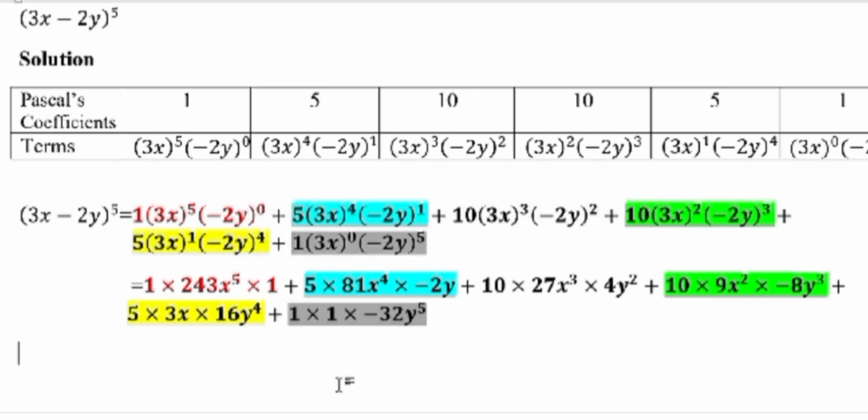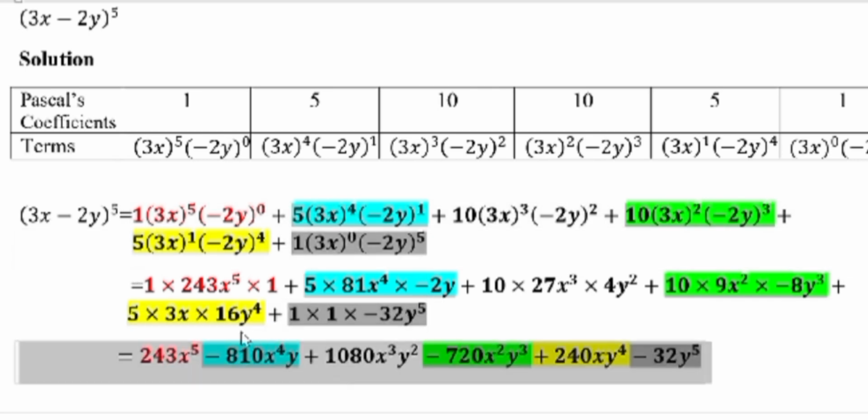Now if you simplify that, then you will get 243 times 1 giving us 243x raised to power 5. 5 times 81 times negative 2 giving us negative 810 x raised to power 4 y. Then 10 times 27 times 4 giving us 1080 x cubed y squared.